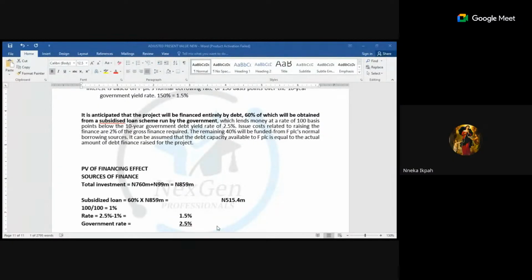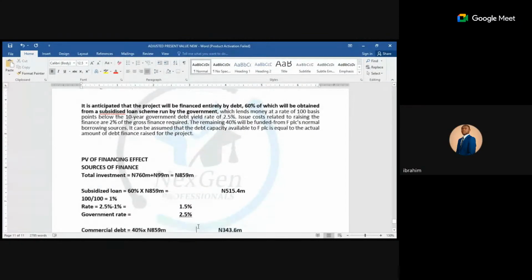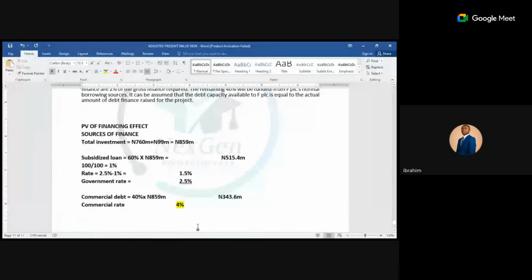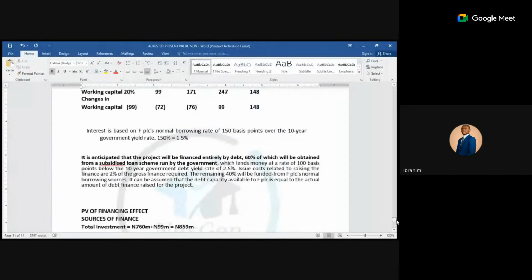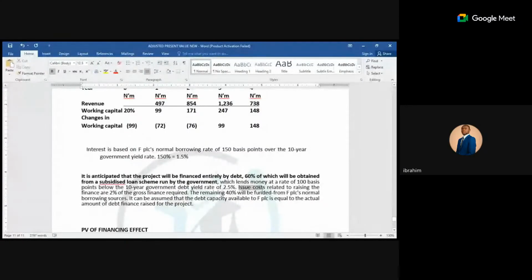Yes. Okay. So, what is our first step? Step 1, issue costs. And what did they say about issue costs? Issue costs related to raising the finance are 2% of gross finance required. Issue costs related to raising what?